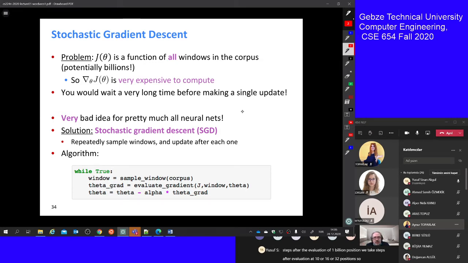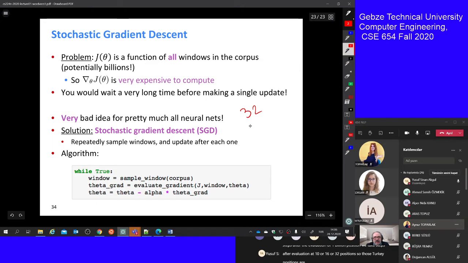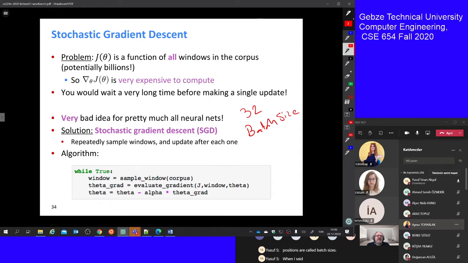Those 32 positions are called batch sizes. When I say 10 positions, it is a batch size of 10. When I say 32 positions, it is a batch size of 32.